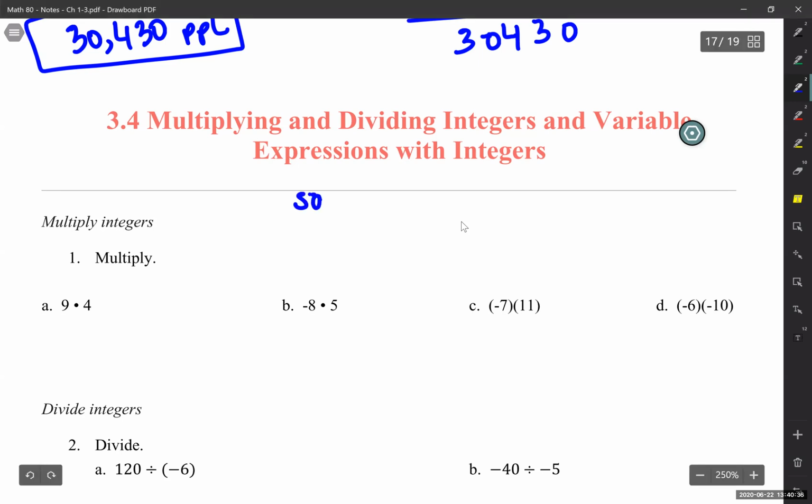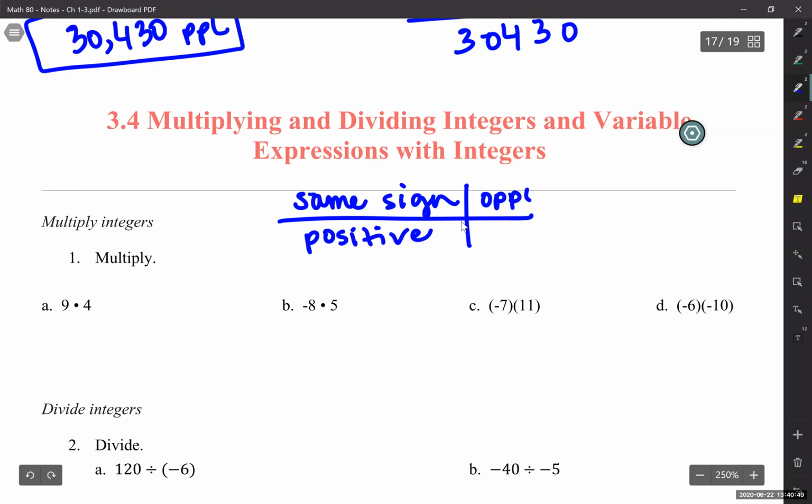If you have the same sign, the answer is going to be positive. If you have opposite signs, the answer is going to be negative.